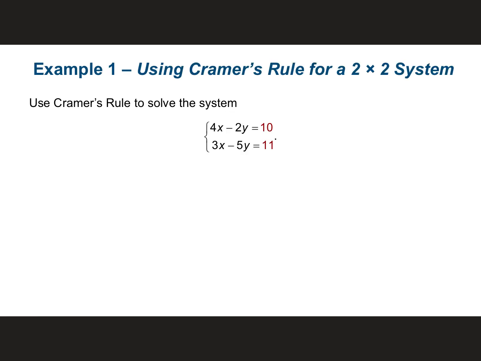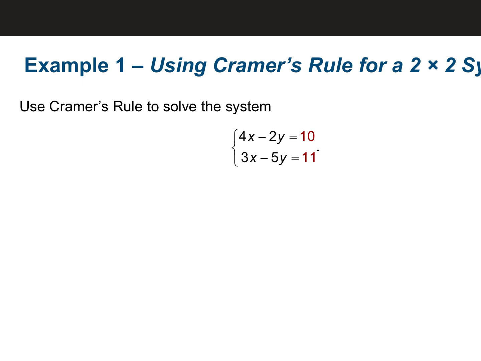For your next part, you have 4x minus 2y is equal to 10, and 3x minus 5y is equal to 11. To find D, we're going to use the matrix 4, 3, negative 2, negative 5. To find D sub x, we're going to use the matrix 10, 11, negative 2, negative 5.